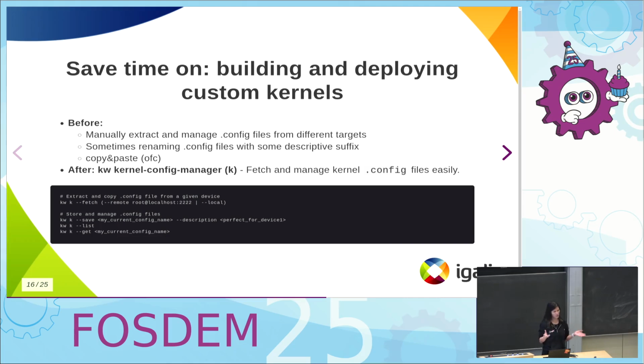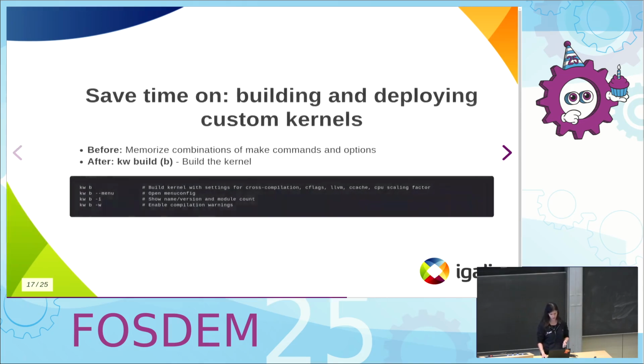And copy-paste, of course, because, yeah, we loved it. On Kworkflow, we can just use the kernel config manager command, and you can store different config files, describe them, and then get them back and apply them on your kernel.